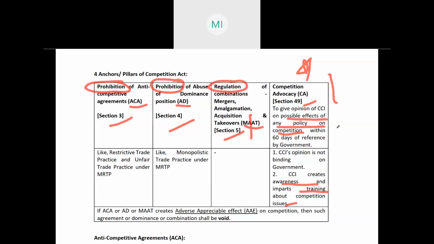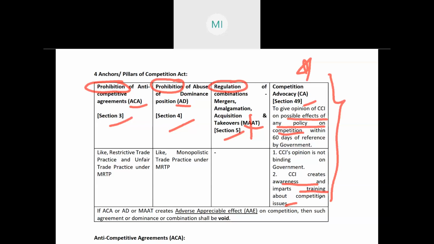So if you remember this, you can actually get 5 marks. Competition advocacy: try to remember the section also. It is dealt with under Section 49. Whenever the central government seeks the opinion of the CCI on any policy matter, it has to give its opinion within 60 days, though the government is not bound by its opinion. Plus it creates awareness on competition issues, and it also gives training on competition issues to the common public, right?